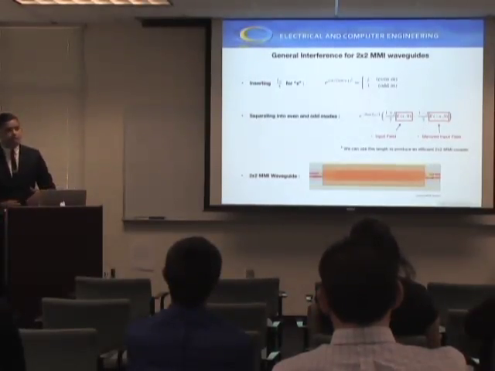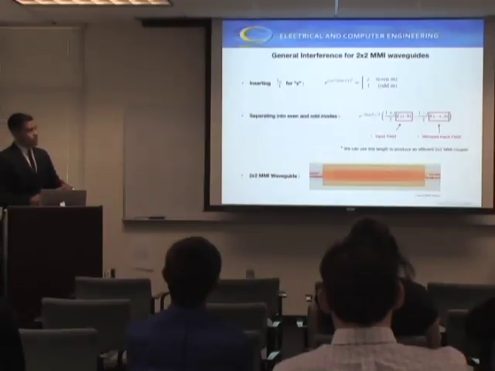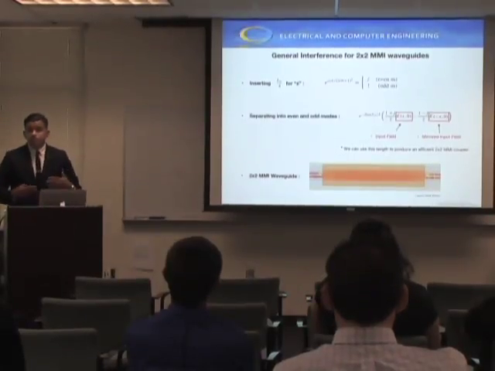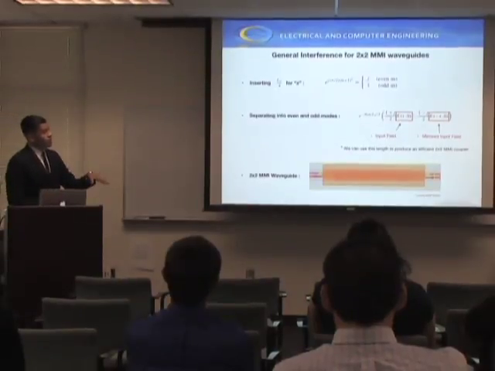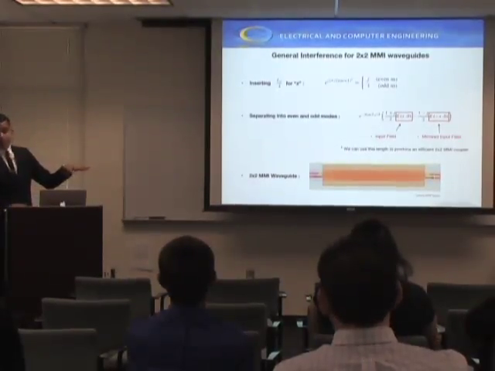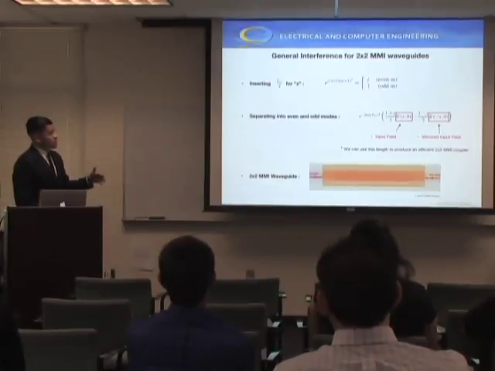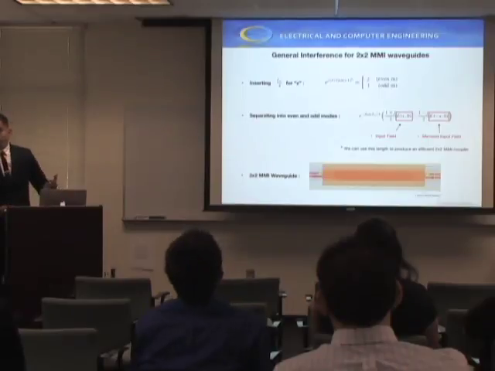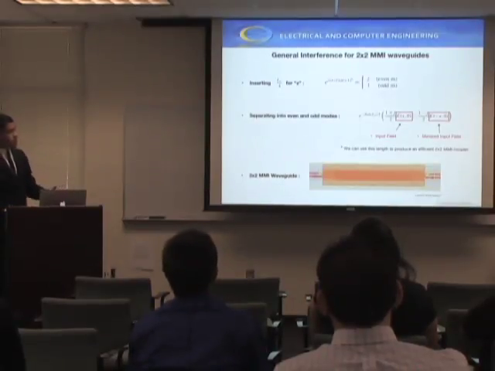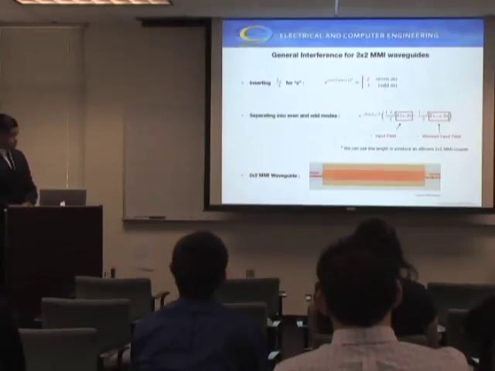We are getting a mirrored image of the input field along with the original input field. I have not included the shift in the phase factor here, just for simplicity. We can use this distance as our distance for, let's say, a 2x2 MMI waveguide, which has 2 inputs and 2 outputs, to get the correct splitting that we require.